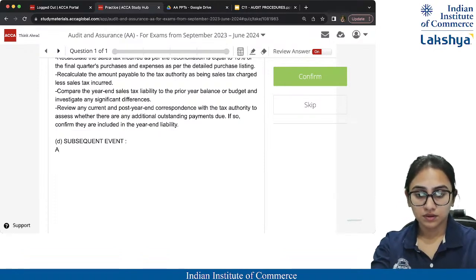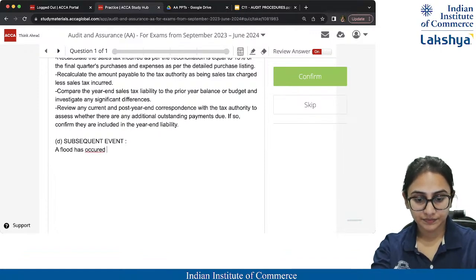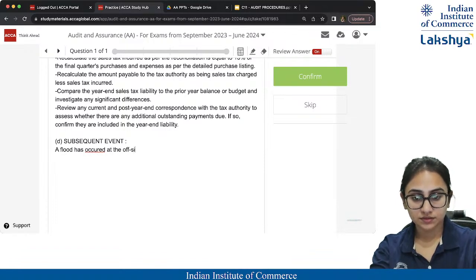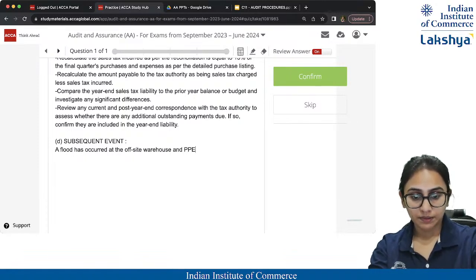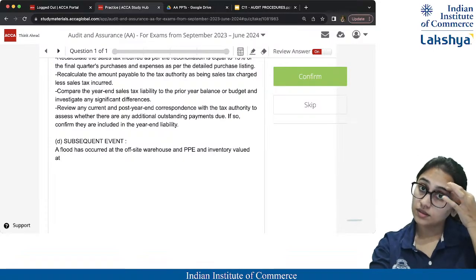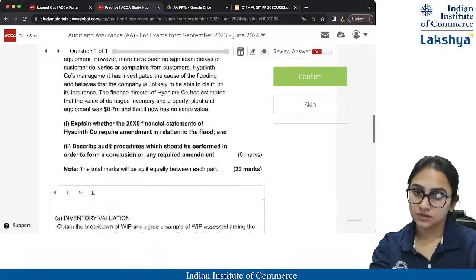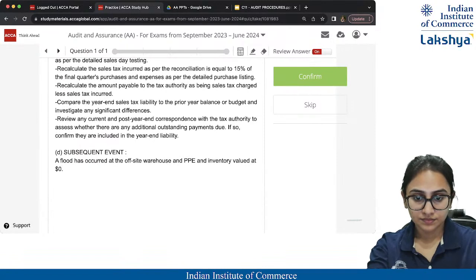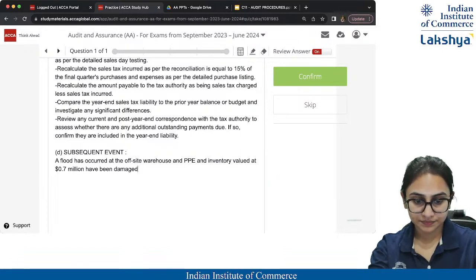Okay, so a flood has occurred at the offsite warehouse and property, plant and equipment and inventory valued at 0.7 million have been damaged and now have no scrap value.